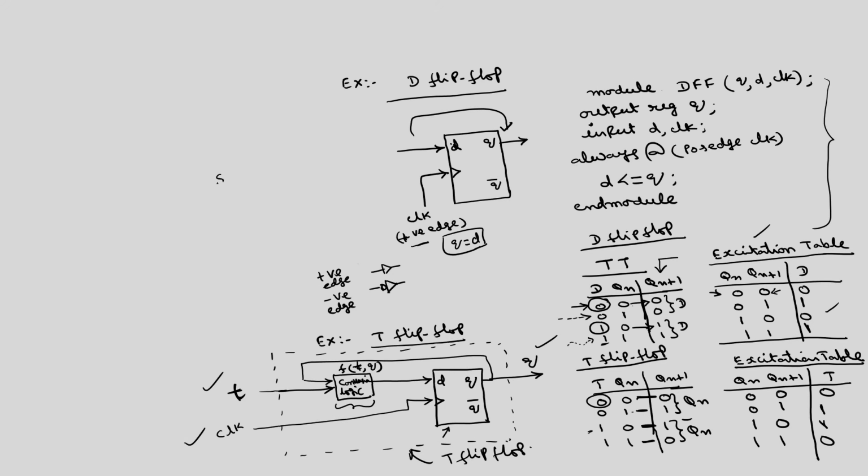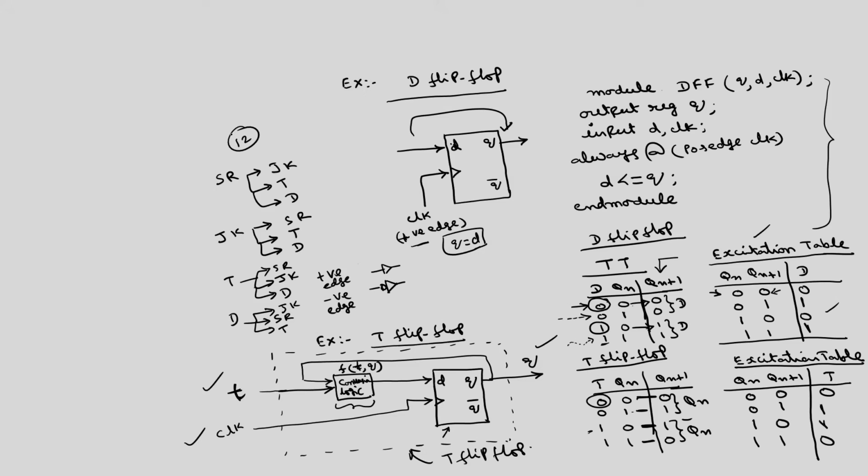There are 4 flip flops: SR, JK, T, and D. So, we can convert SR to JK, SR to T, SR to D. Similarly, JK to SR, JK to T, JK to D. Similarly, T to SR, JK, D, and D to JK, SR, T. So, in total we have 12 different conversions, but the procedure is the same.